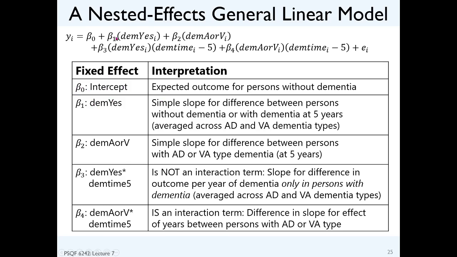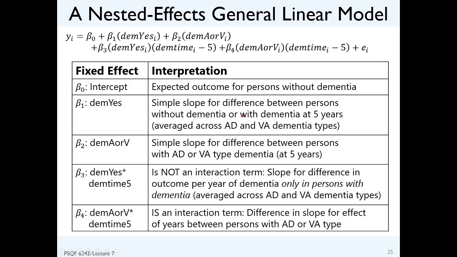Then we go into the effect of dem yes, which is also included in an interaction term, and therefore it is a conditional effect. So this is the simple slope for the difference between persons without dementia or with dementia. So the effect of having any kind of dementia for people who have had it 5 years.